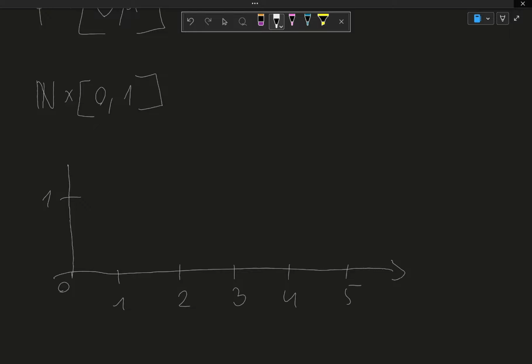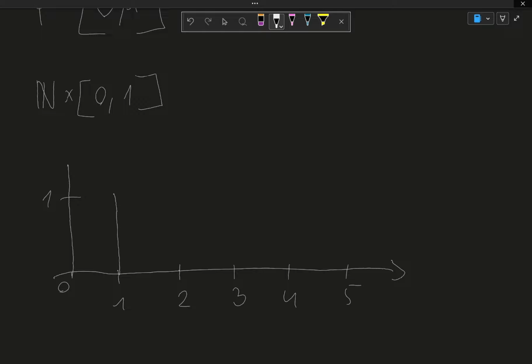We can think of it as we take some natural numbers and then we just take a straight line from 0 to 1. So we have our natural number and then we extend it into this plane right here, where every point in the interval [0, 1] is being occupied.